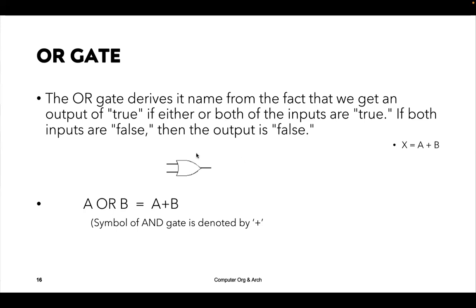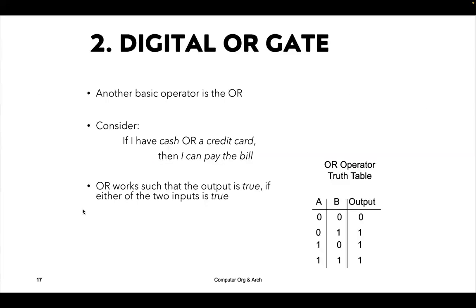And that gate is represented by this symbol. This is the OR gate. So for us, look here. If I have cash or a credit card, then I can pay, or I can buy your car.